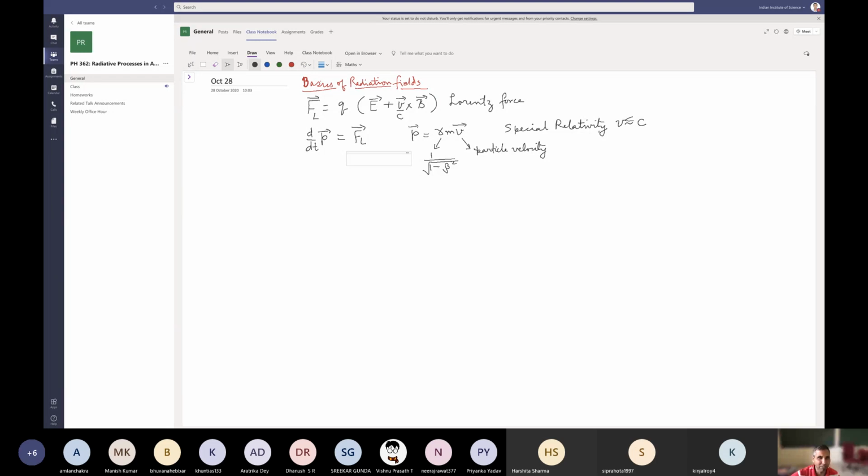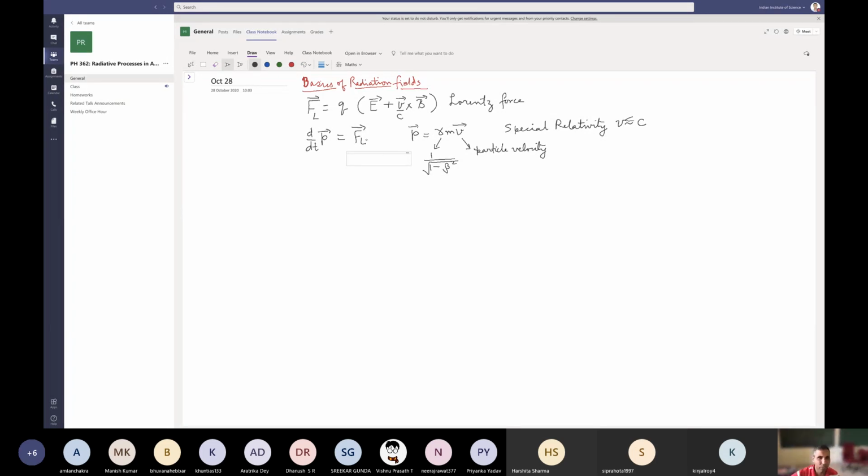If you can read up all that, that will be very useful to you. Okay, so that was just a digression. A lot of this material is covered in Griffiths' book, but not so much special relativity. For this, you can read your favorite book, or whatever you studied as an undergraduate.